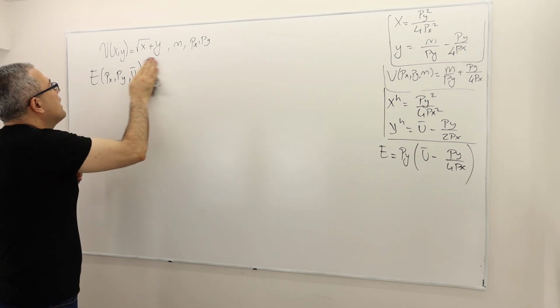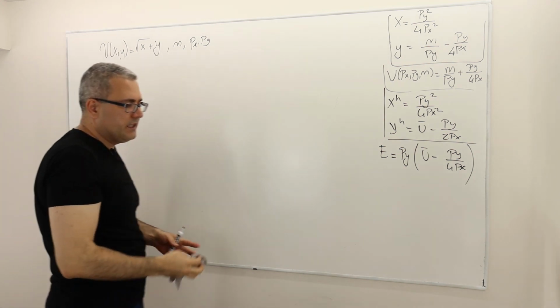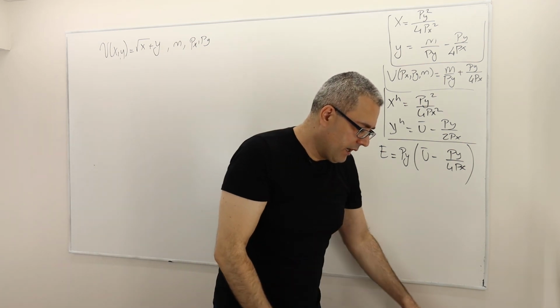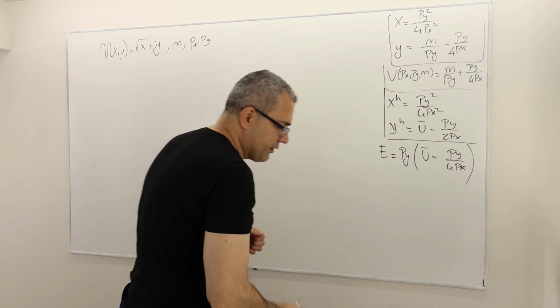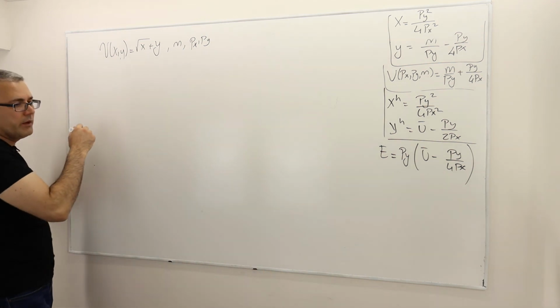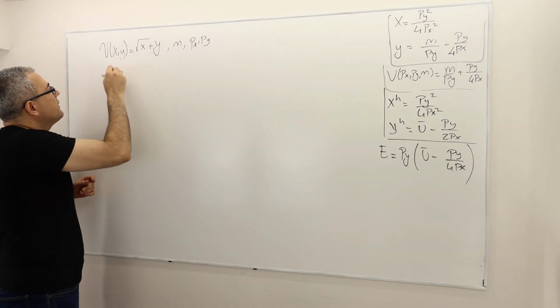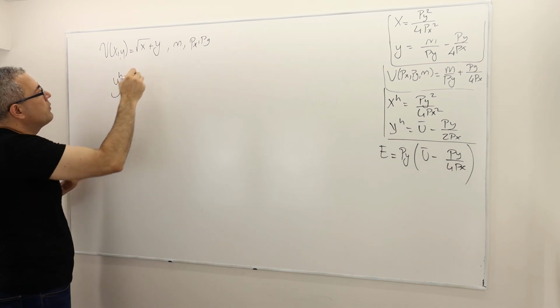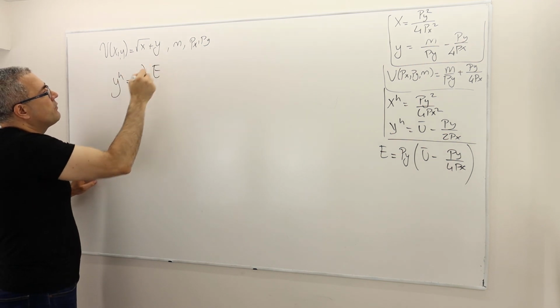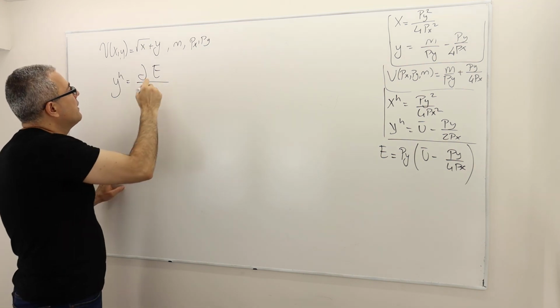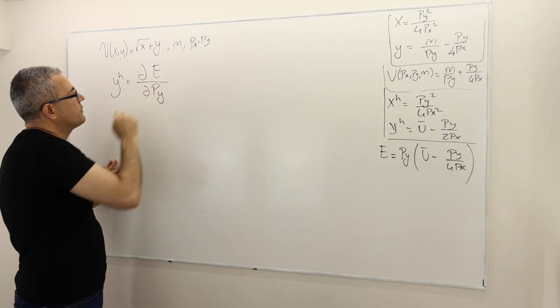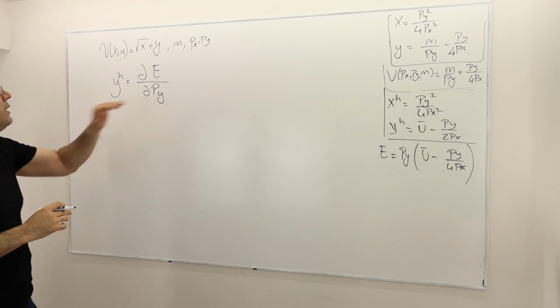It says you can recover the Hicksian demand by calculating the partial derivative of the expenditure function. In fact, it says the following: the Hicksian demand for good y should be equal to the partial derivative of the expenditure function, with no minus sign, with respect to the price of this good, py.